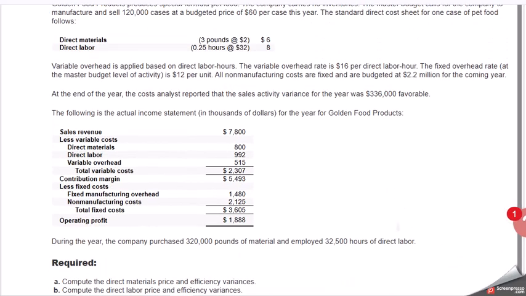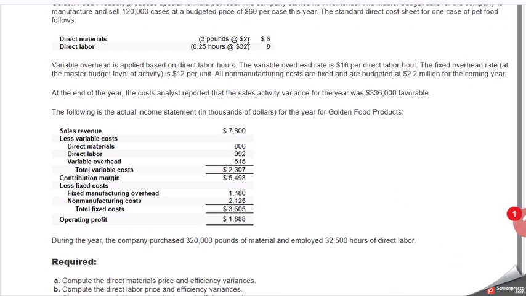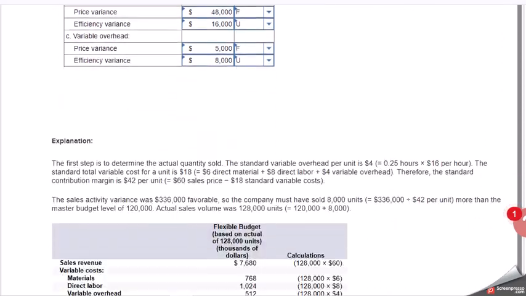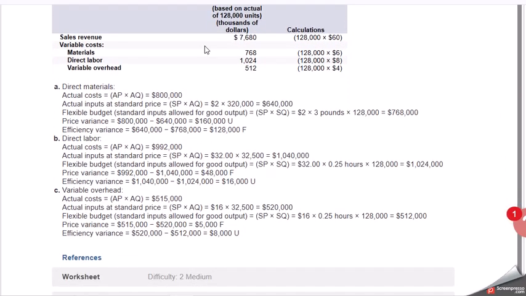They give us that information to fill those in. So at $2 a pound times the 320,000 pounds that we purchased, that's $640,000. So then that would be a $160,000 unfavorable price variance. We paid more than the standard price, because the standard price would have resulted in 640,000.